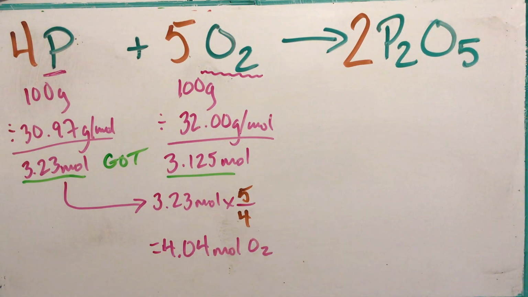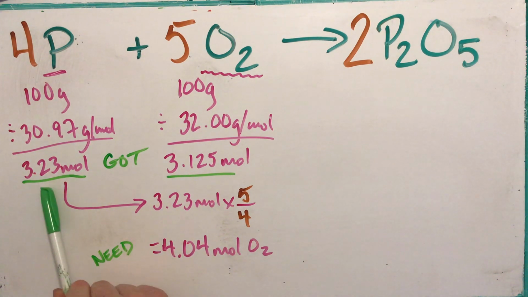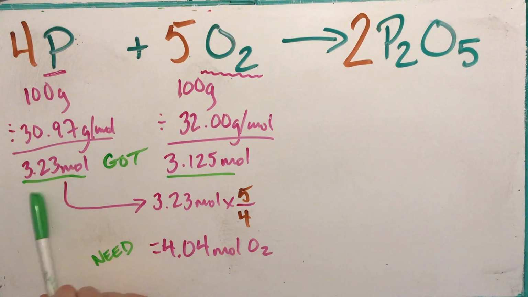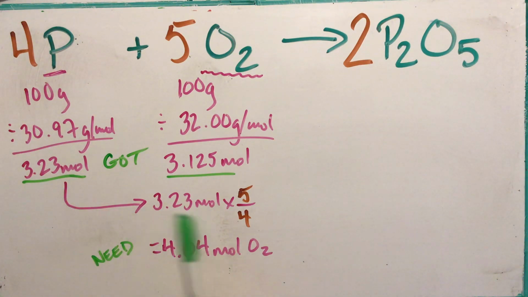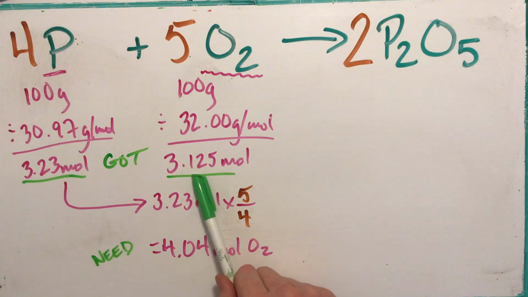And this is what I need. So what I've done here is I said, if I use up all of my phosphorus, all 3.23 moles, how much oxygen would I need? I need 4.04 moles of oxygen. Well, how much do you got? Well, I only have a little over 3, and I need 4. I don't have enough.